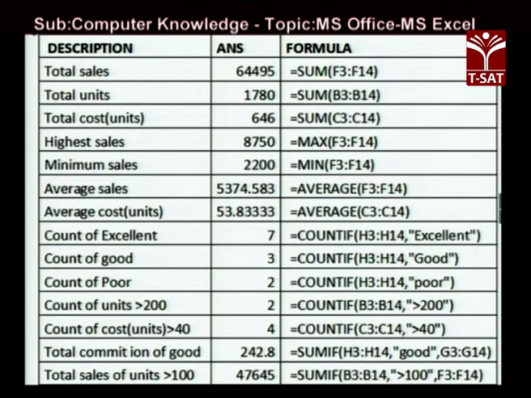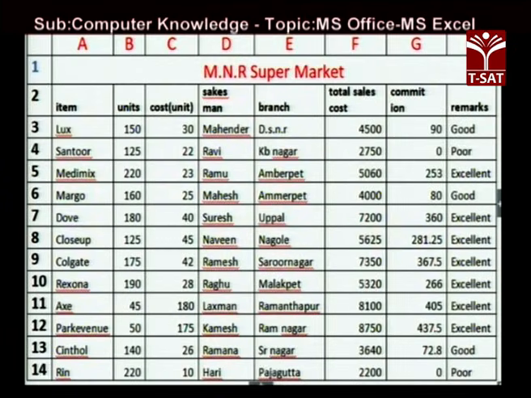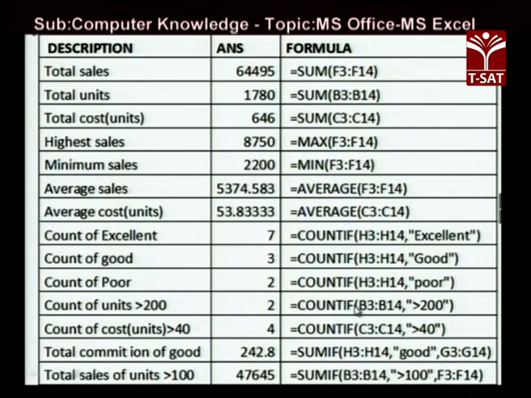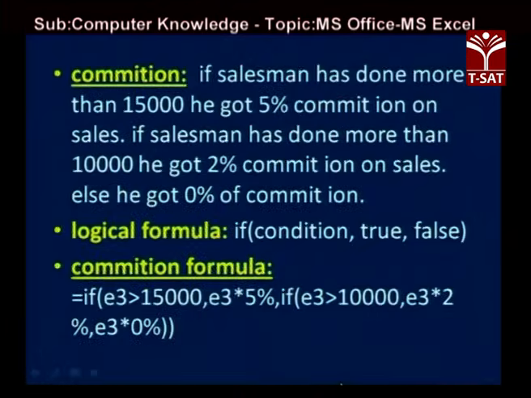Sum of F3 to F14: the F column consists of total sales, with columns and rows, and F3 to F14 is the total sum. These are the important shortcuts: sum, average, countif and sumif functions.